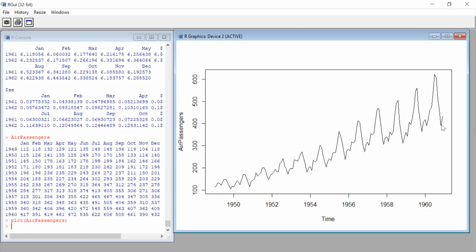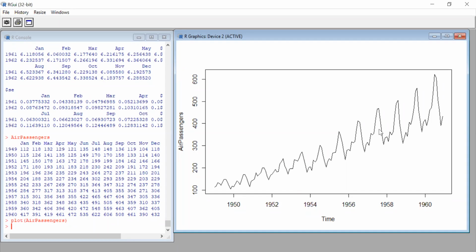Yeah, briefly, I gave you the description of the data set. It was the total of international airline passengers. So even though we have a Thanksgiving break in November, it is the international one. So there is a peak in August and the least in November, right?